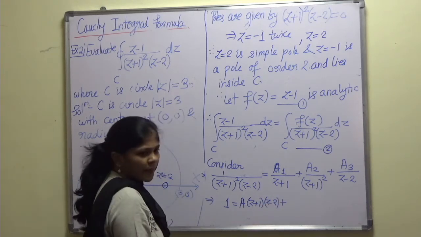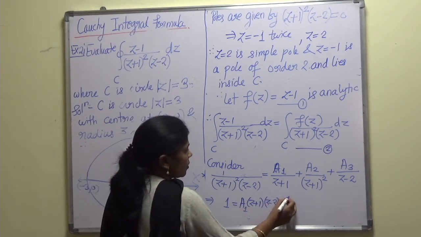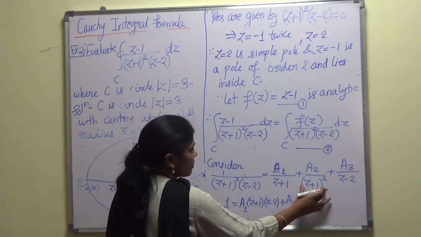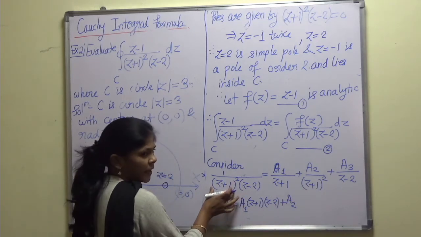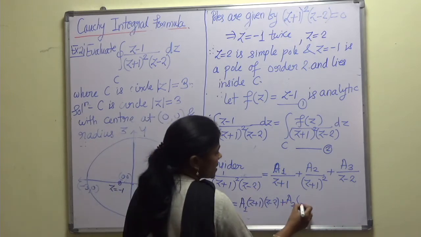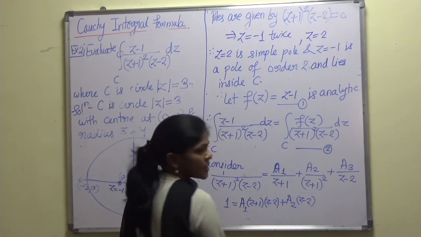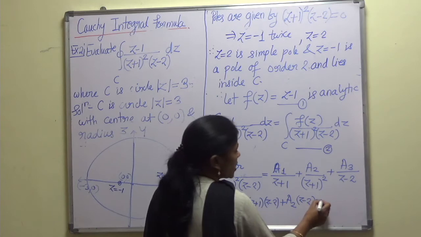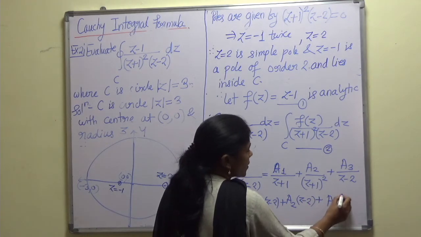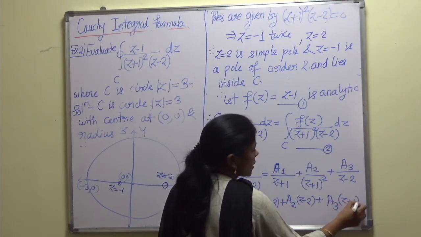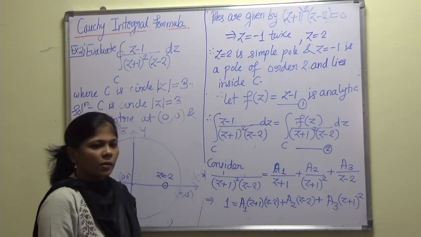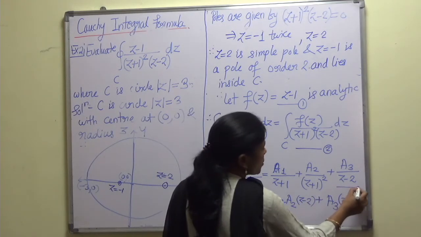On the same line, a2 will get multiplied by z minus 2, as z plus 1 whole square is completely there. And then a3 will get multiplied by z plus 1 whole square. Okay, you can call it as equation number 3.